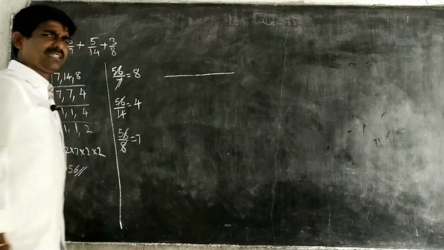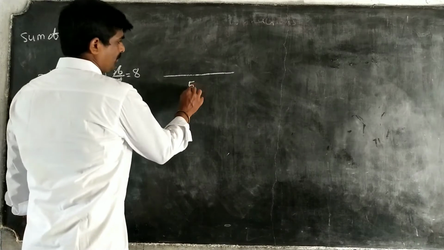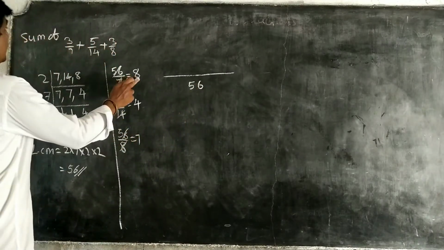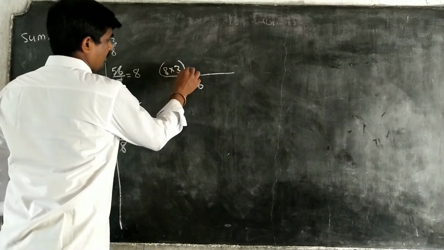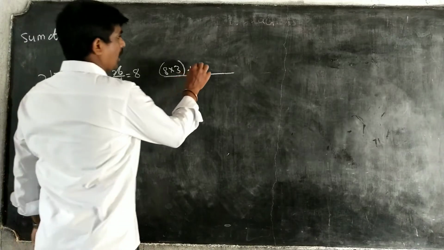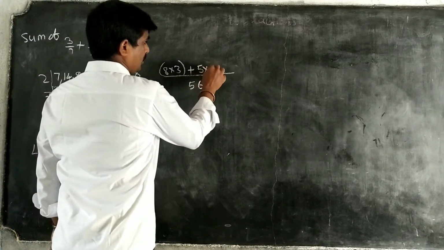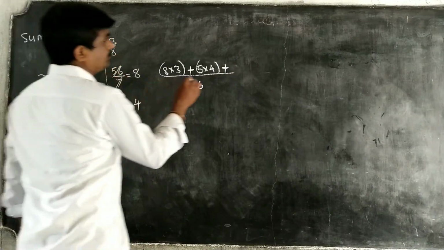Next, how to do the addition? Simple method, the previous method is also okay. Now, what is the LCM? Write the LCM 56. Next, 8 into 3 plus 4 into 5, or 5 into 4, both are the same, don't be confused. Next, 7 into 3.